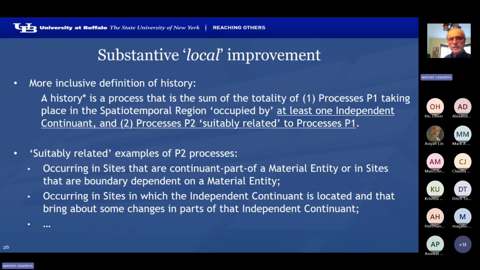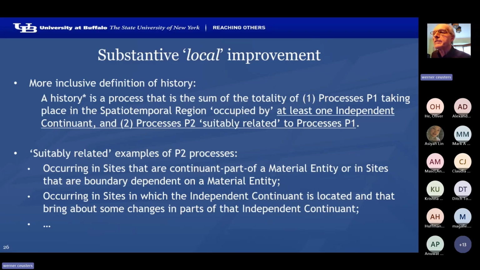Some substantive improvements are local, in the sense that we only need to change further things about history, but we don't need to touch other parts of the BFO. So a more inclusive definition would be: a history star is a process that is the sum of the totality of, in the first place, processes P1 taking place in the spatial-temporal region occupied by at least one independent continuant, and second, processes P2, which are suitably related to processes P1.